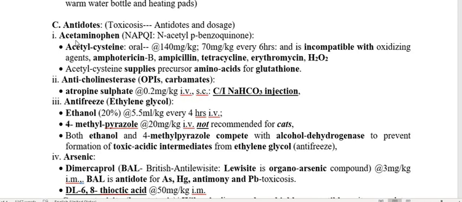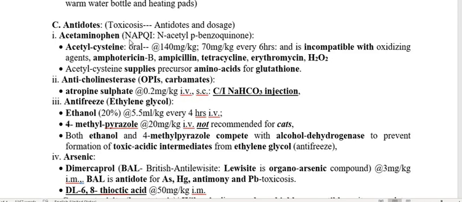So what is acetaminophen? Acetaminophen is paracetamol. Paracetamol is a hepatotoxic agent if the dose becomes high, and the toxic metabolite formed from paracetamol or acetaminophen is called NAPQI. NAPQI is a toxic metabolite formed from acetaminophen, and it produces liver toxicity.